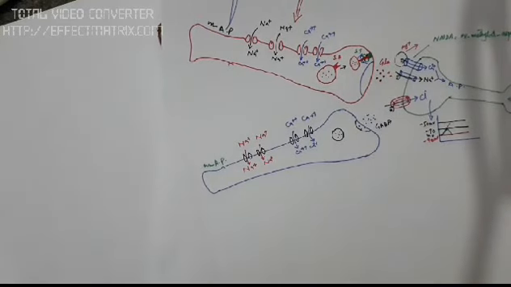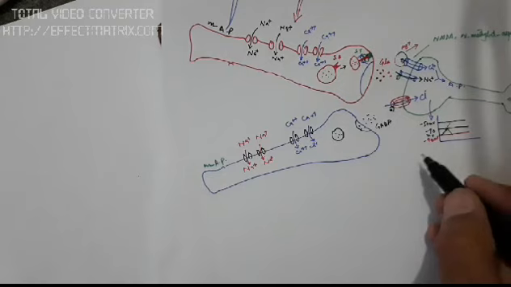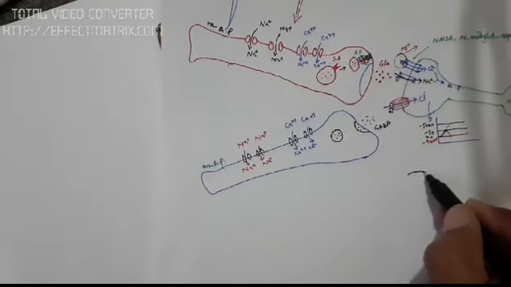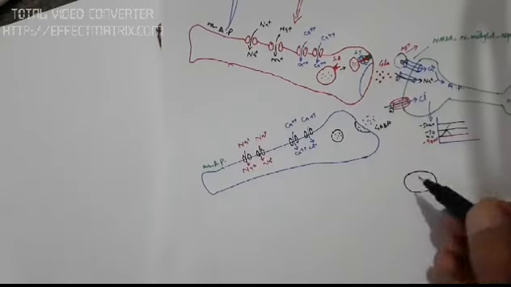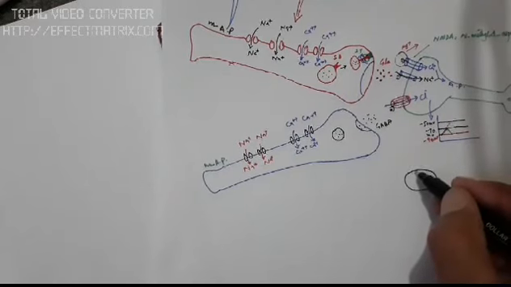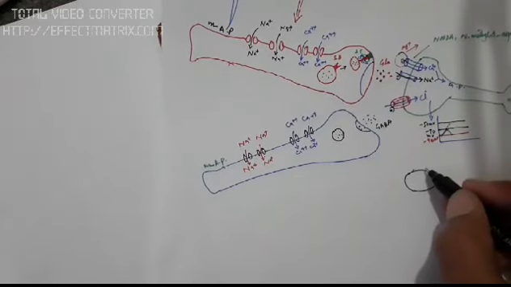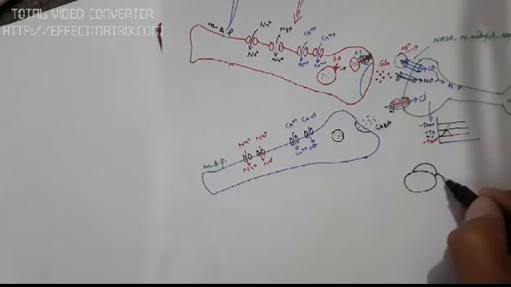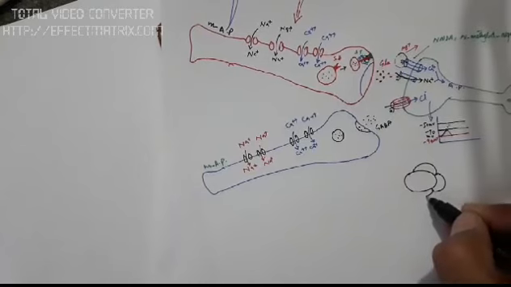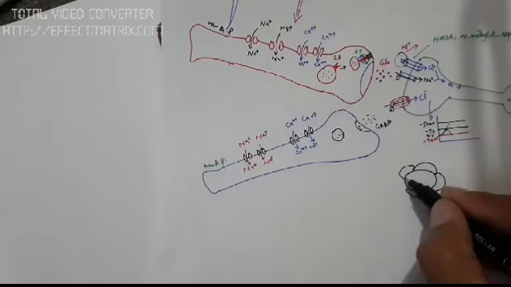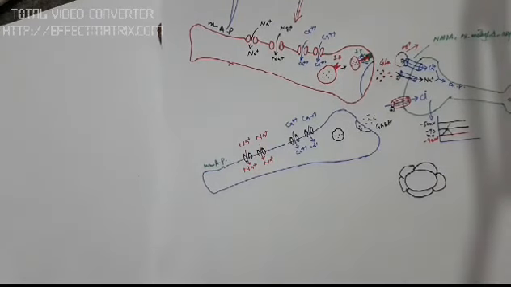this way. Here we can draw another larger diagram for GABA. How GABA actually, this GABA A receptor, how it is actually made. It is a pentameric channel. Like this.